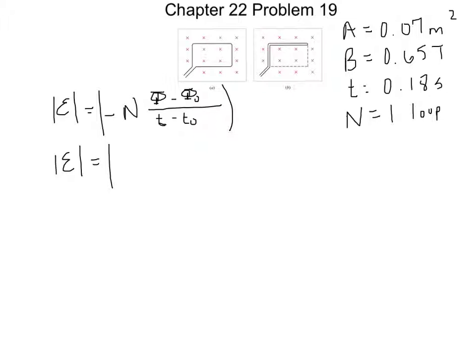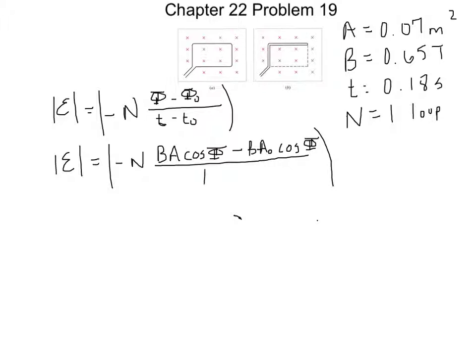So it's negative N times B A cosine of the angle, minus the same thing, except it will be A naught, over a change in time.